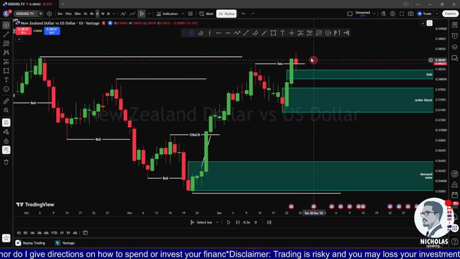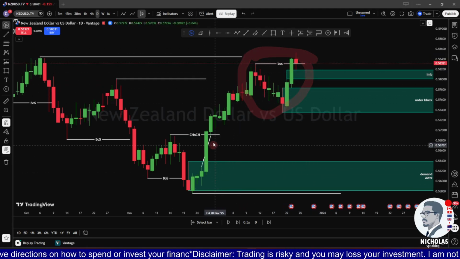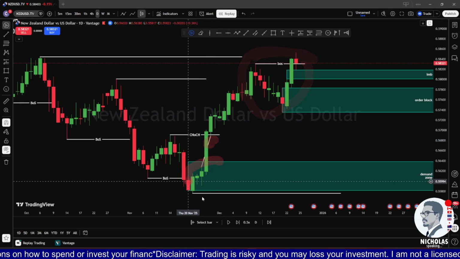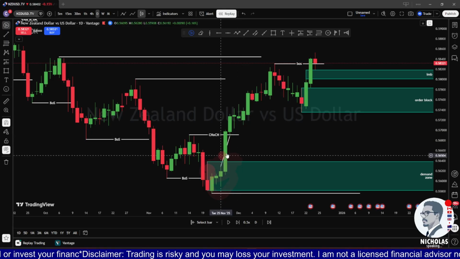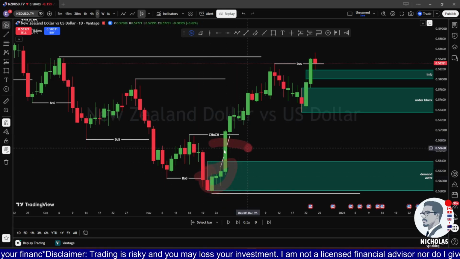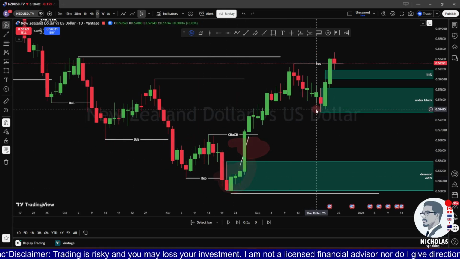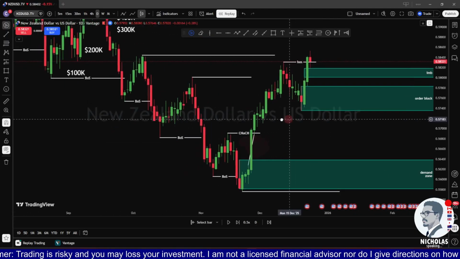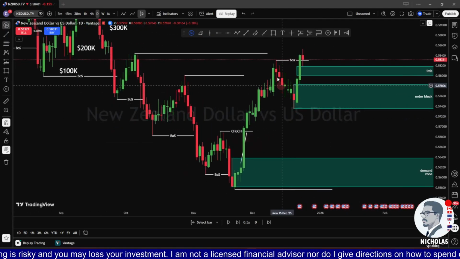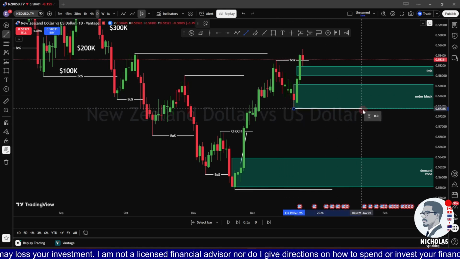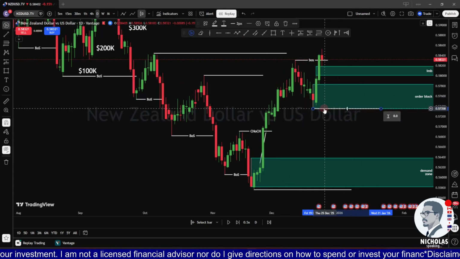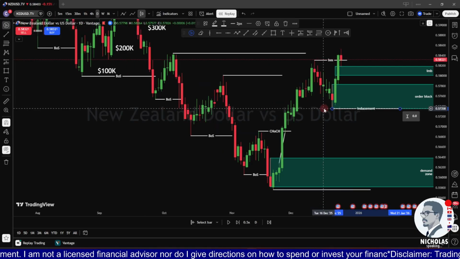You see this whole thing that happened here without mitigating this imbalance or demand zone. We have promoted this one to a demand zone now. Without mitigating this demand zone or imbalance, we have what we call engineered liquidity. This is my inducement or engineered liquidity.